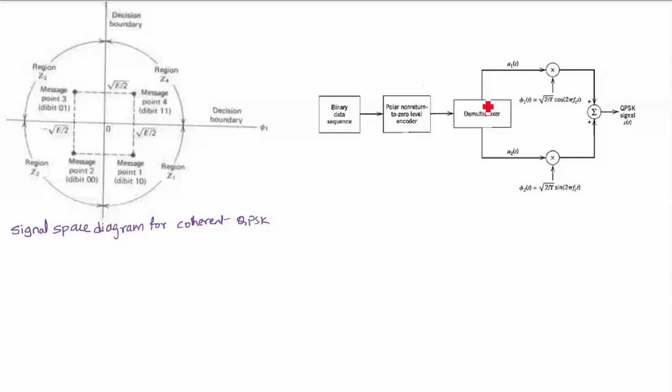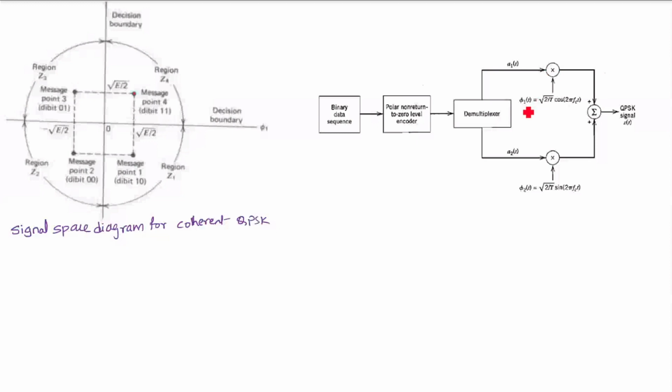First bit comes here, second bit comes here, third bit, fourth bit, fifth bit, sixth bit, or I can say odd position bits come here and even position bits come here, and these bits have some amplitude. You can see it's square root of E by 2.